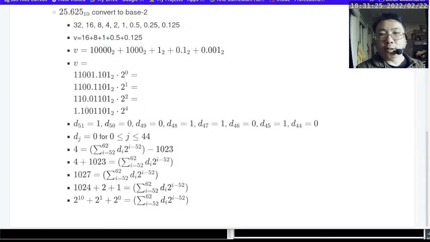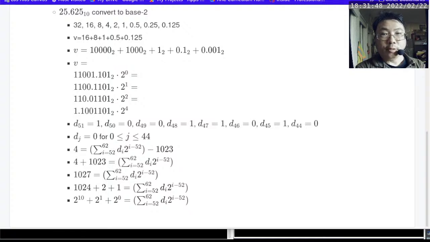So now we look at this and go, I think we know where we're gonna get this done, right? Because all of the other powers of 2, like 2, 3, 4, all the way up to 9, those are just zeros, because we don't need any of those powers of 2 in order to add up to 1027.